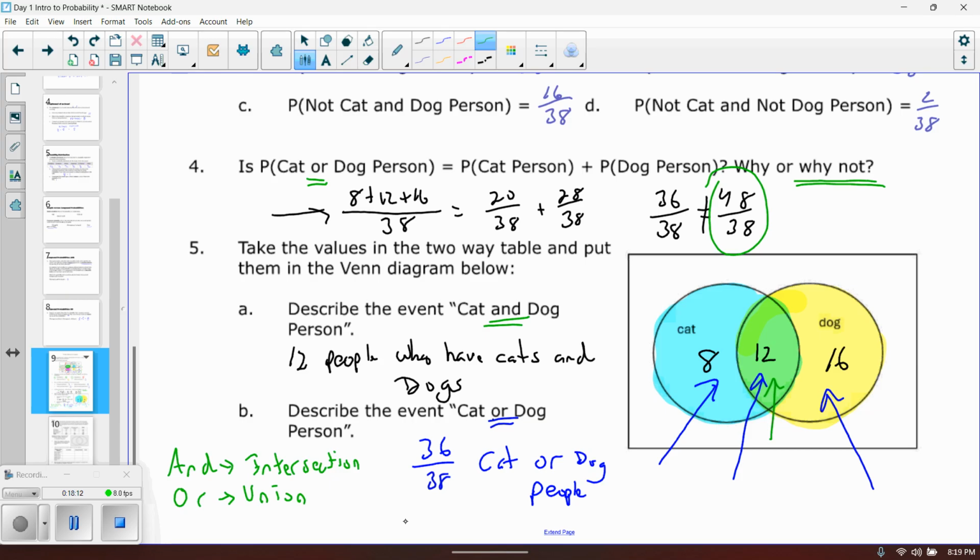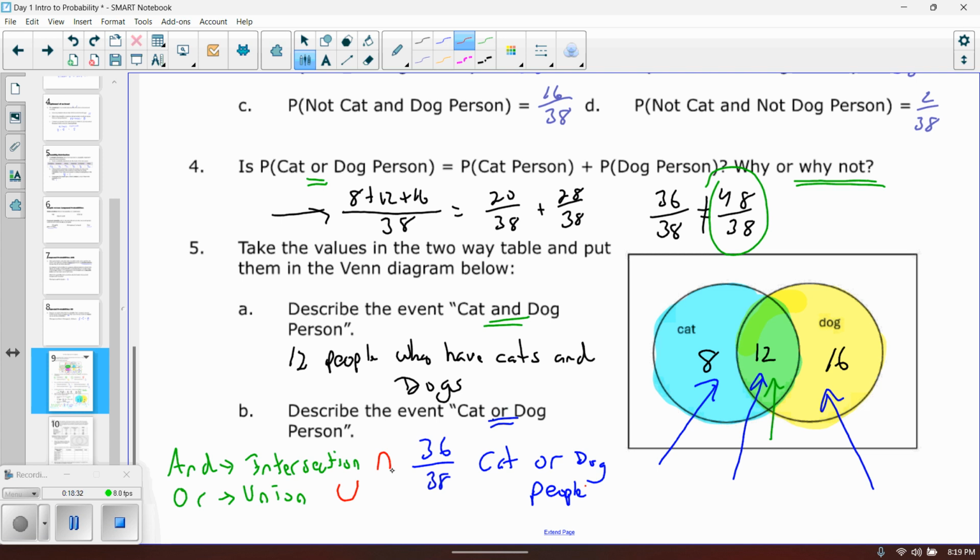And the symbols for those, the union we've actually used before. We used that when we were doing domain. The union is basically the U. And ironically enough, the intersection is basically an upside down U, or some people say it kind of looks like a lowercase n. But that is the intersection symbol.